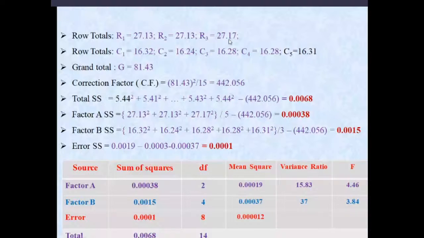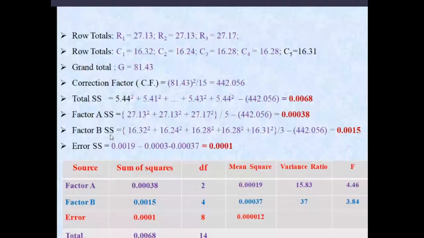Similarly, corresponding to the column, whatever the column totals are, square them and sum, divided by the number of observations in each column, minus the correction factor. And the error sum of squares is equal to the total sum of squares minus the sum of squares due to factor A and due to factor B.